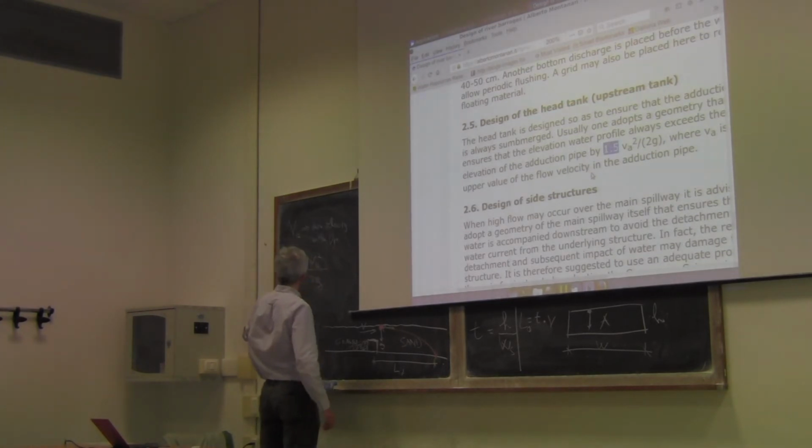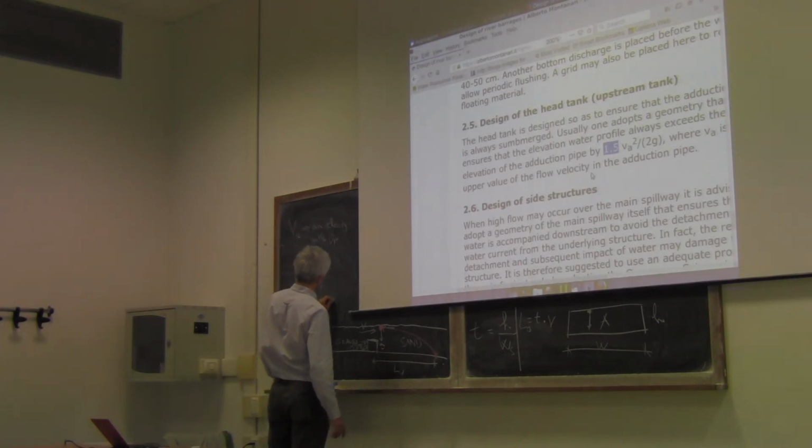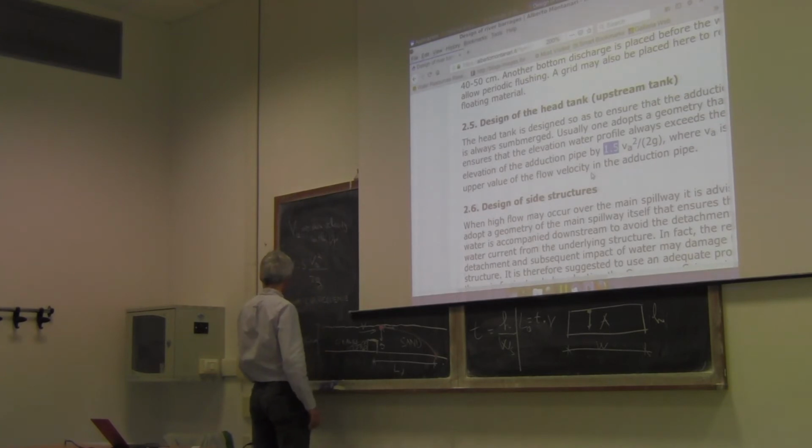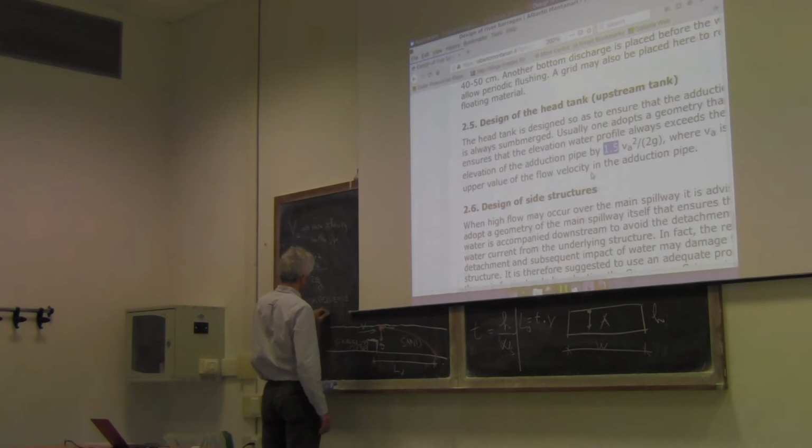And this is the mean submergence of the ceiling of the pipe.